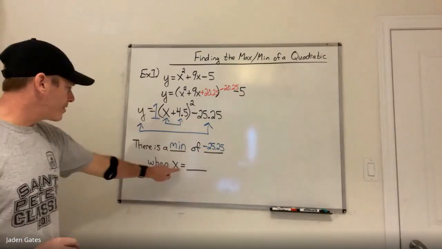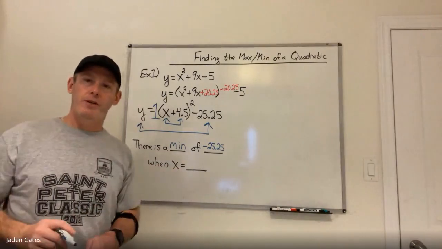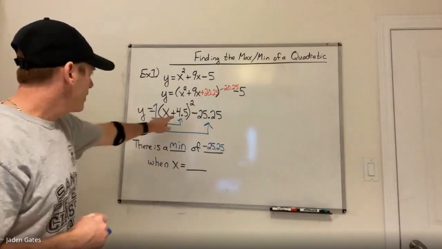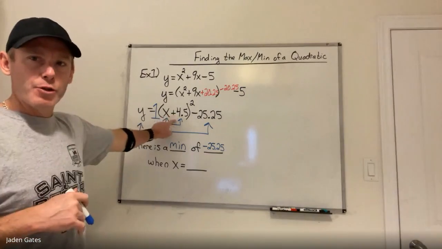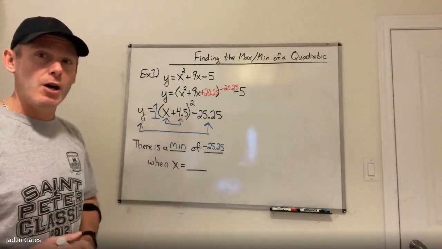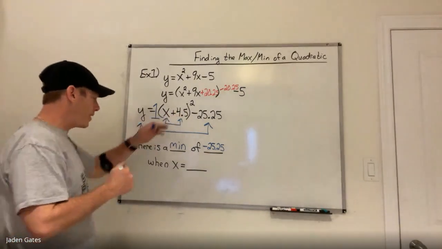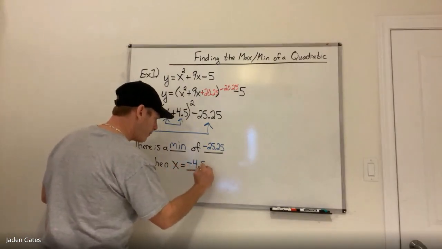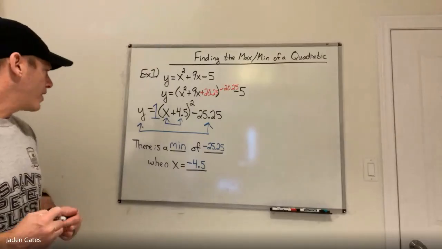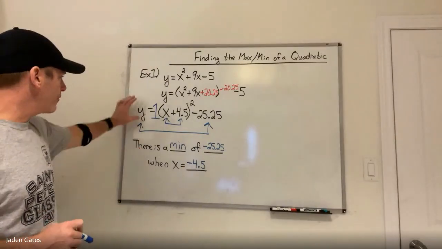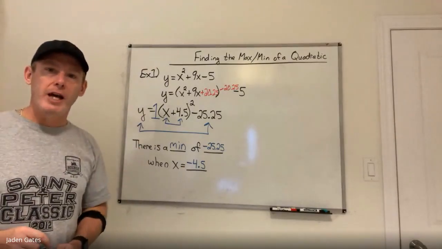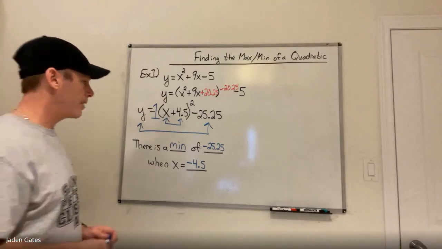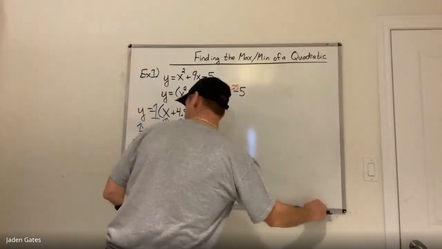When x is equal to, now again, this always gets people tricked up with quadratics. Again, it always looks the opposite, because there's supposed to be a minus sign there if our h is positive. This time it is plus, so that means our x value is actually negative 4.5. So again, I was able to find all this information just by looking at the equation. All right, by completing the square first, obviously.